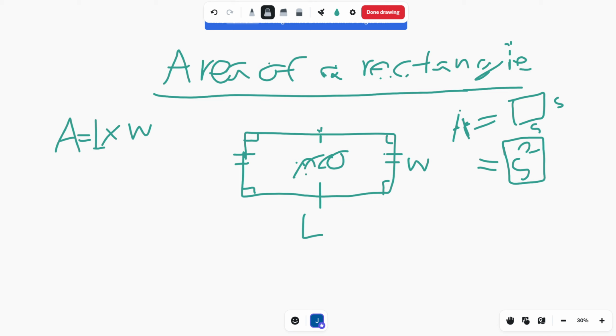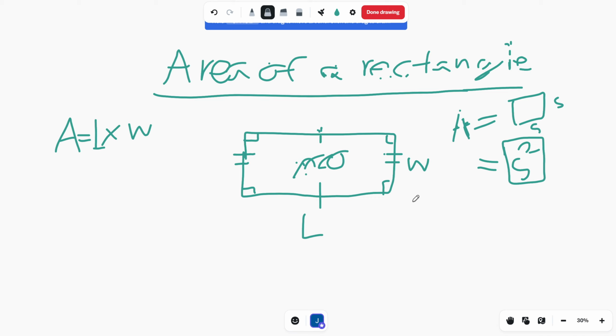Of course, if you have parentheses or certain numbers involved, that process can be a little bit more complicated, but in this case, it doesn't matter which one is the length or the width, as long as we're doing length times the width.